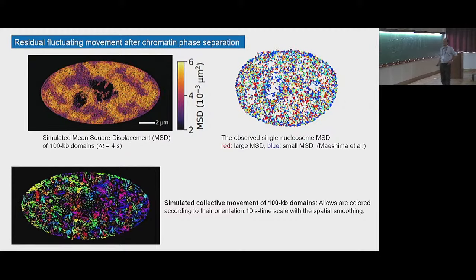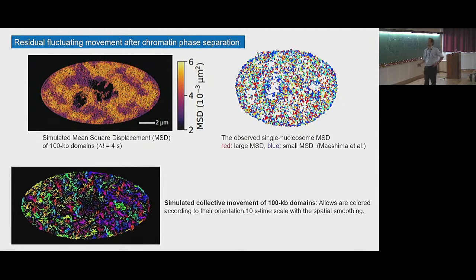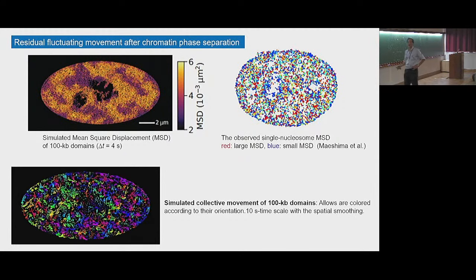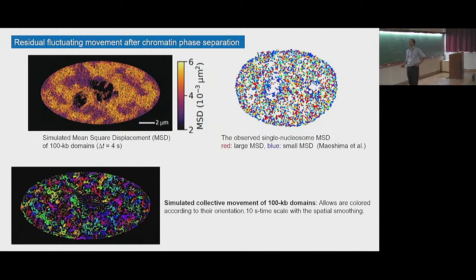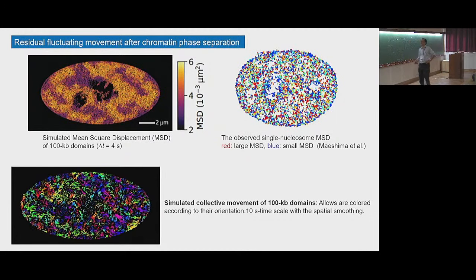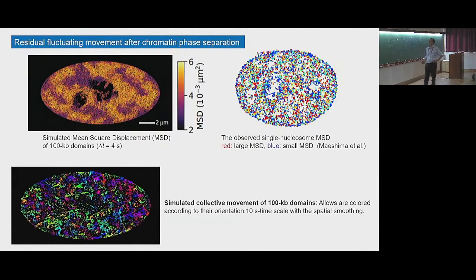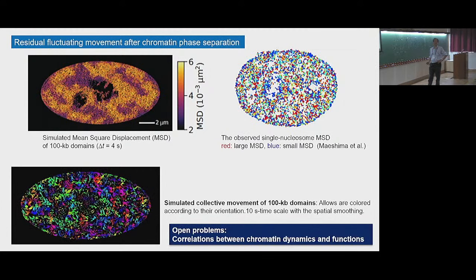And we see this long-wavelength, hydrodynamic-like collective movement of 100 kilobase model domains. And it is an open question whether this kind of long-wavelength movement of the genome is related to the functional distribution in the nucleus.